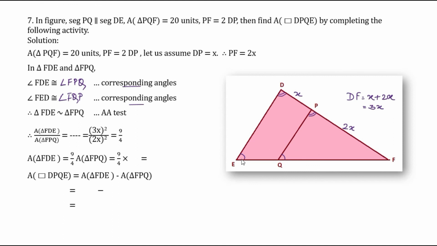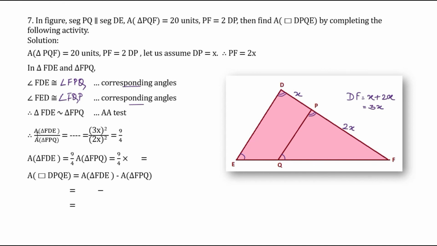Now we will have two pairs of corresponding congruent angles. So we can directly state that triangle FDE is similar to triangle FPQ from the AA test of similarity.